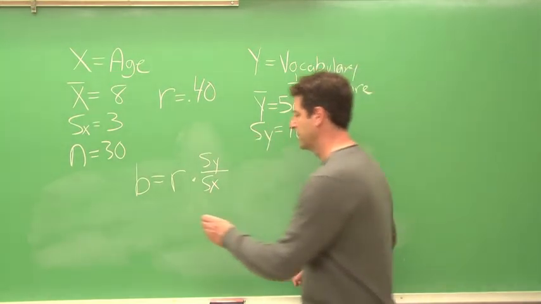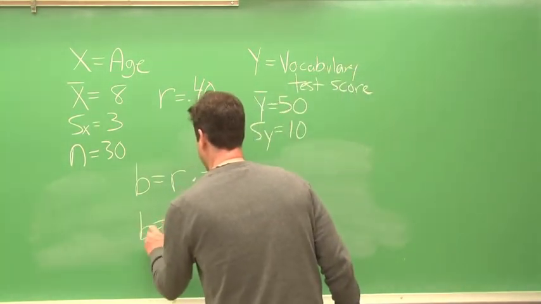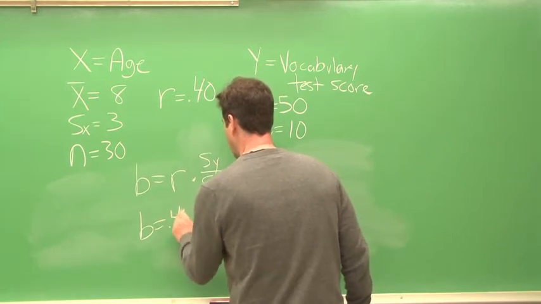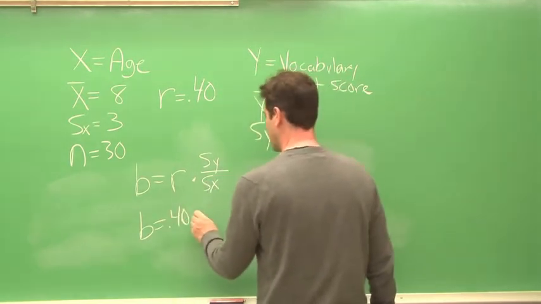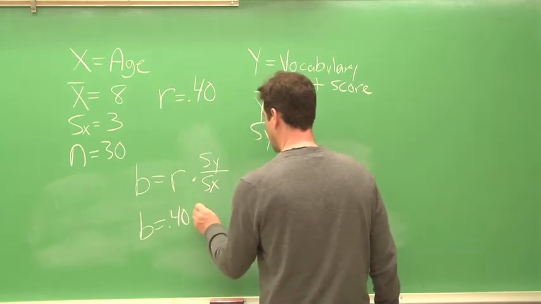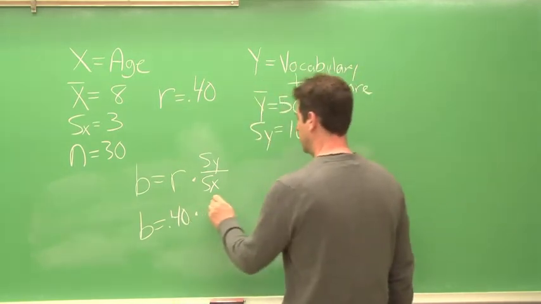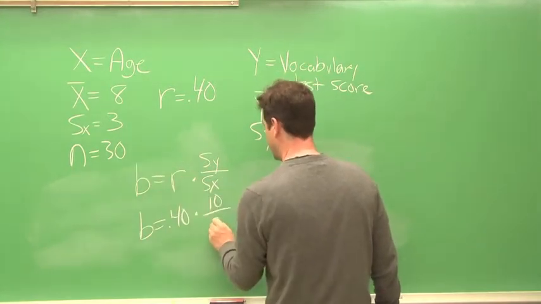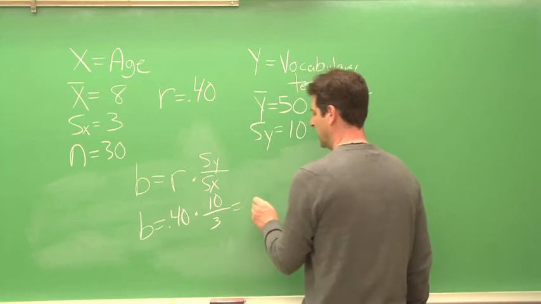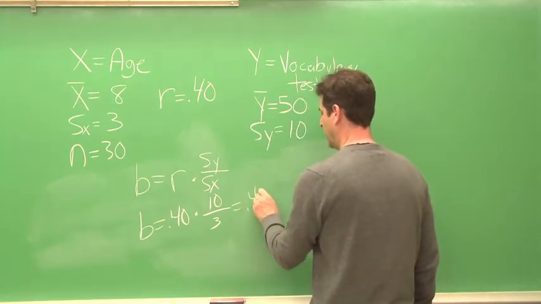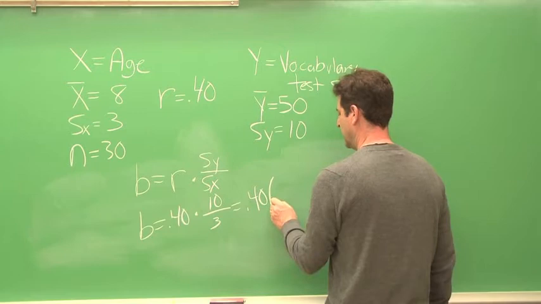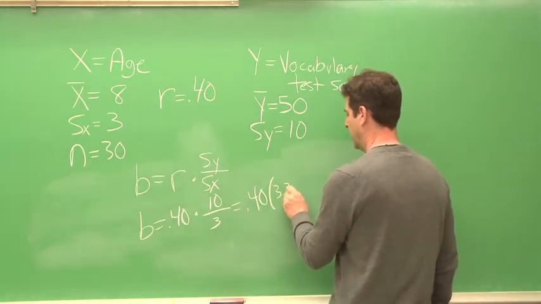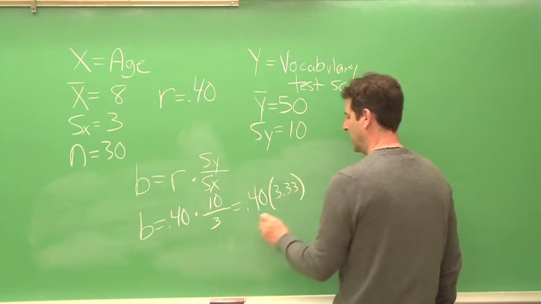Let's plug in the numbers. So we have 0.40 for our correlation coefficient times 10, standard deviation of y, divided by the standard deviation of x, equals 0.40 times 3.33.